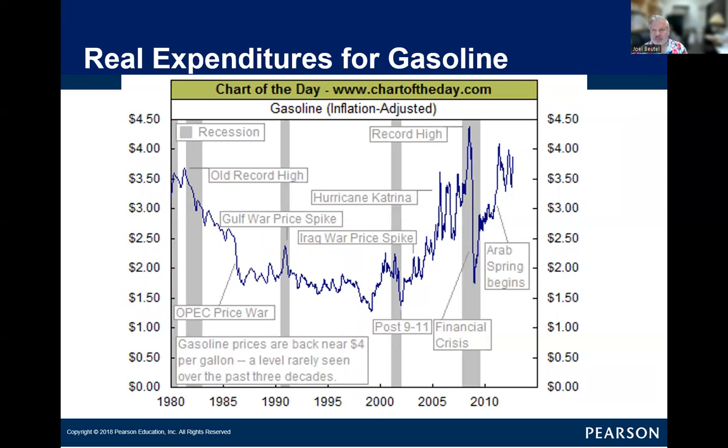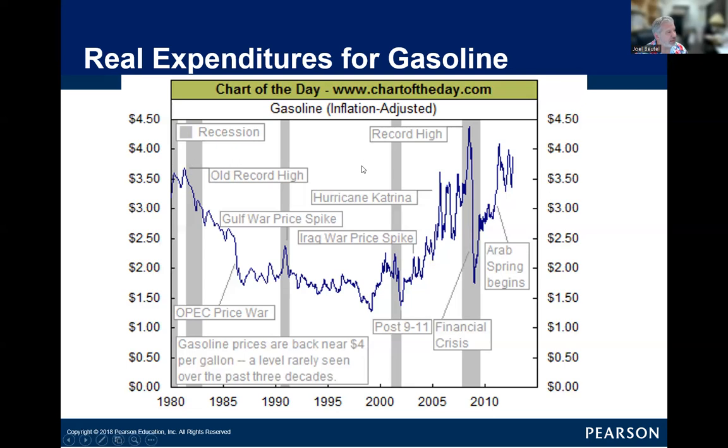So here's some real expenditures for gasoline, how much people are actually spending for this product. What we can see is that the all-time high came in just before the great financial crisis, and that only beat out the highs from the early 80s by a little bit, right? That early 80s high on the far left was probably 370 a gallon for gasoline.